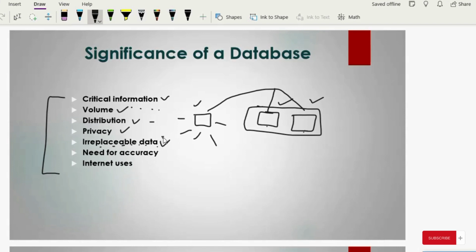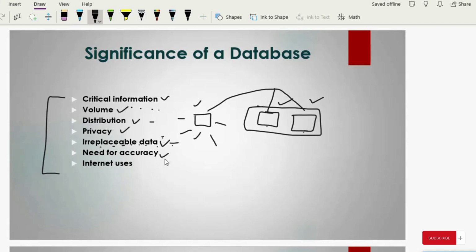If it is important or significant for the organization, then the organization will put more resources to make sure that the data is not lost. Need of accuracy. The data stored in the database should be complete, comprehensive, and accurate.